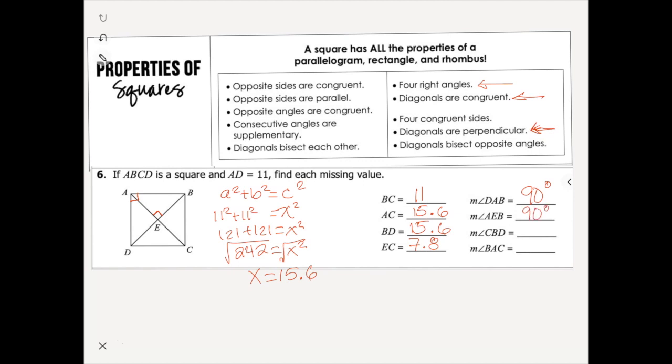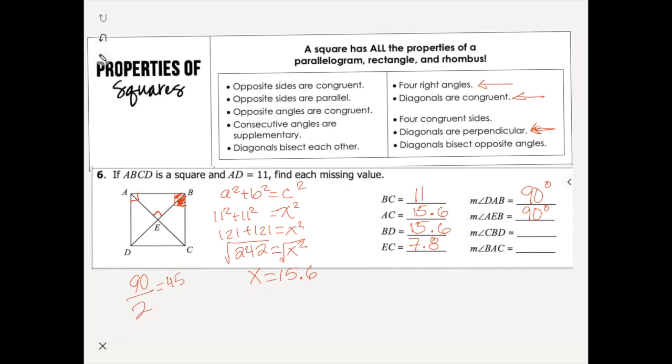Now we need to find the measure of angle CBD. That's right here. If this whole angle, remember that's 4 right angles, so this whole thing has to equal 90. And because the properties of rhombi apply to squares, we know that this angle and this angle have to be congruent, but they also have to add up to 90. So if we do 90 divided by 2, we're going to get 45.